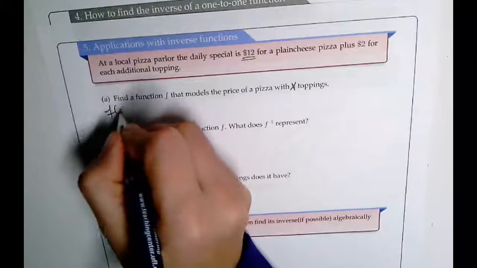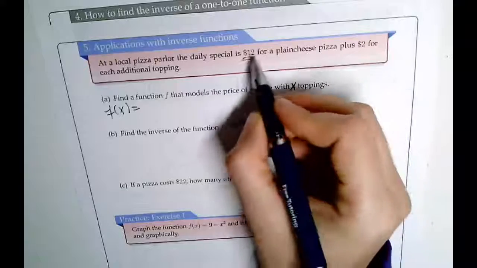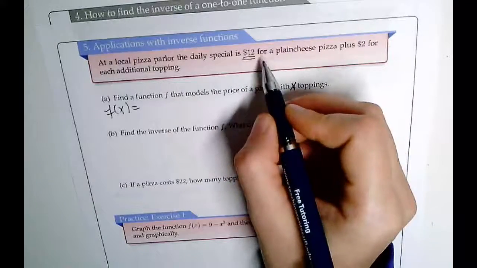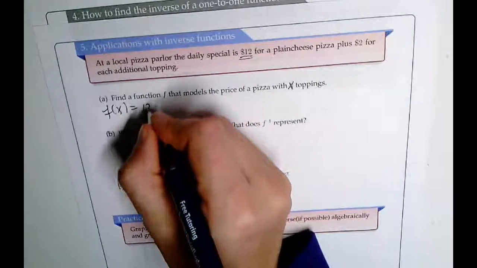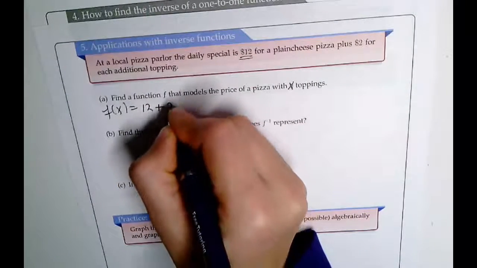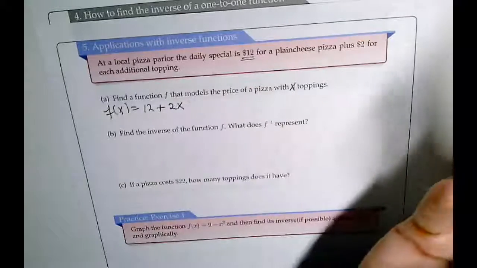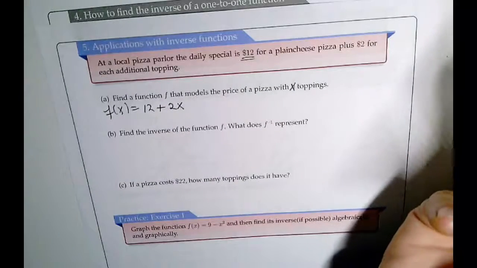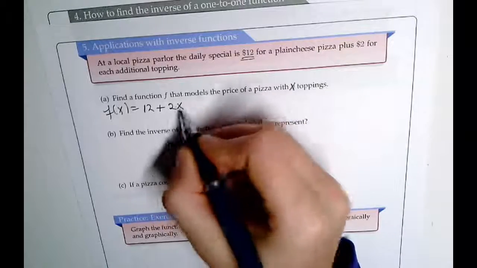So f of x is going to be, you pay $12 for the base and then $2 for each topping. So it's going to be 12 plus 2x. So if I have no toppings, then I'm just going to get a plain cheese pizza and it's going to be $12. And if I have one topping, it's going to be 12 plus 2 and so on.